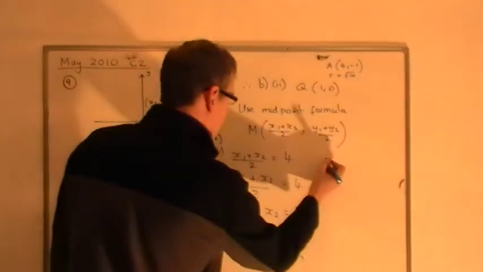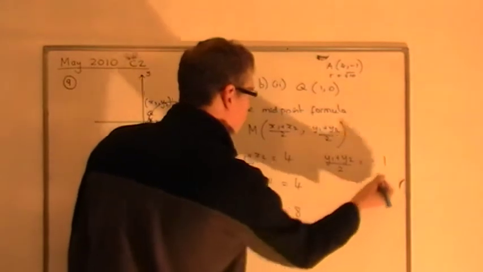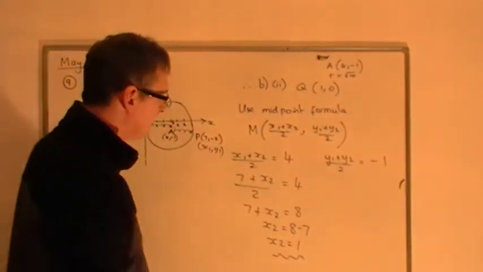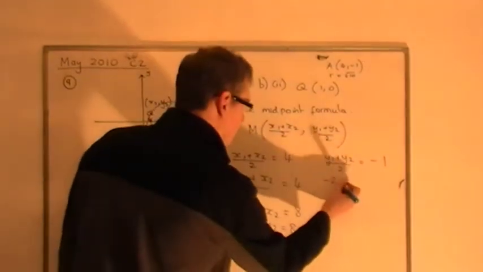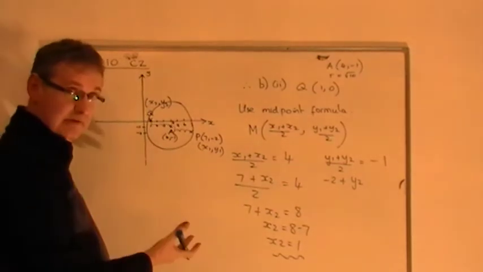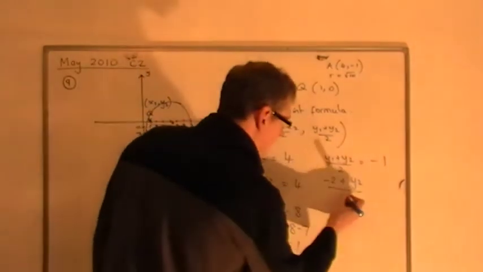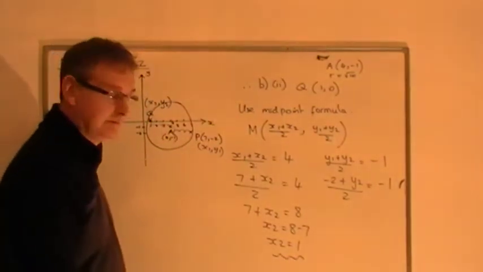So I could say that (y1 + y2)/2 equals -1. Okay, y1, I know it, it's -2. -2 + y2, that's the y-coordinate of Q, which I'm trying to find, divided by 2 is equal to -1. So we get that equation coming out.